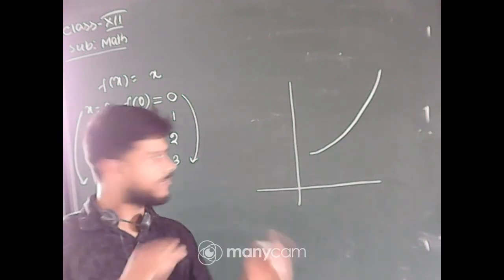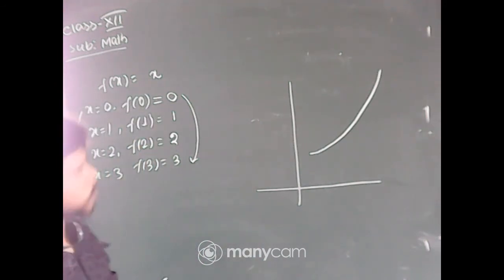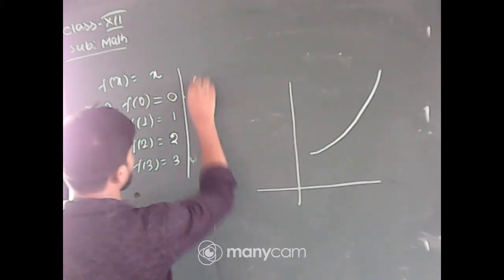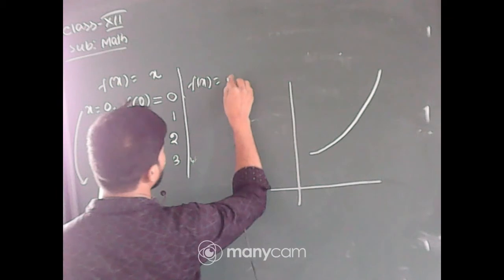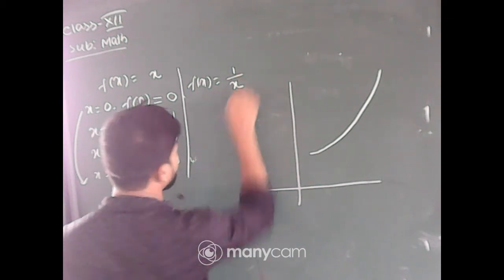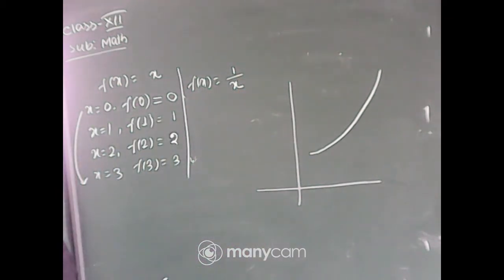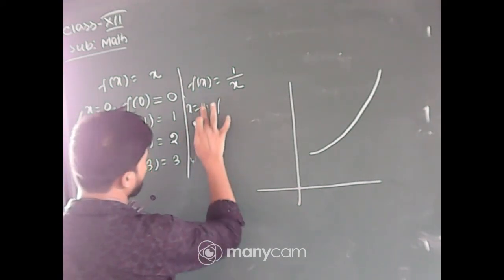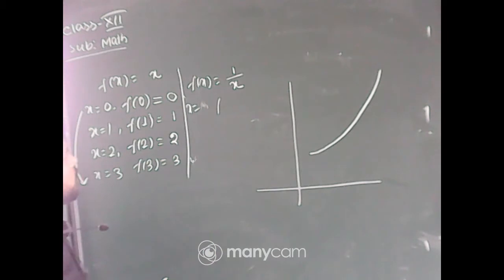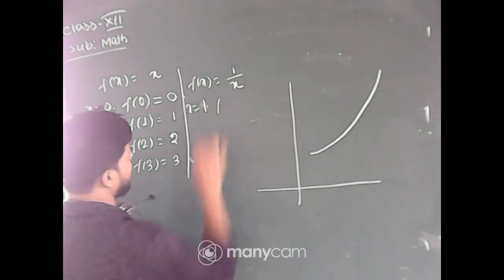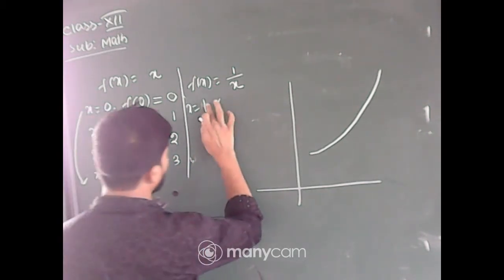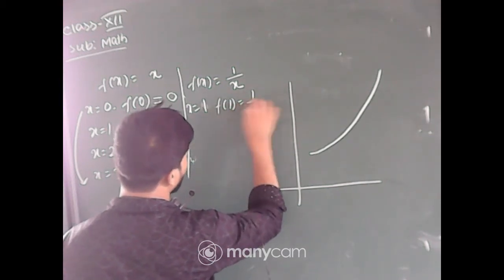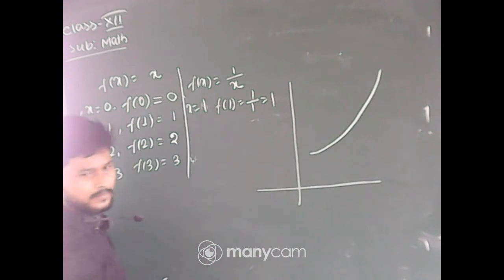Okay, and if I take another example, suppose f of x is equal to 1 by x. Now at x equal to 0, it is not defined. So at x equal to 1, the value of the function is f of 1, that is equal to 1 by 1, means 1.